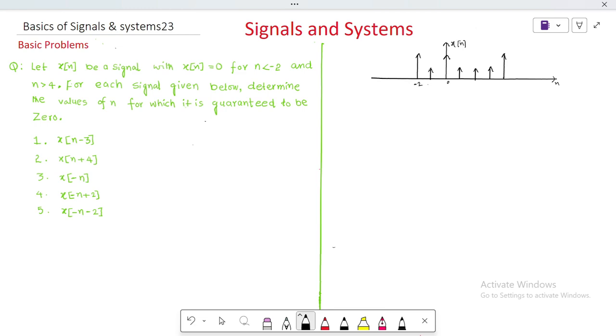So -2, -1, 0, 1, 2, 3 and 4. So this is an example. For n less than -2 there is no signal, and for n greater than 4 there is no signal.